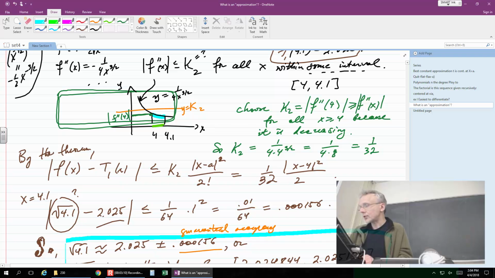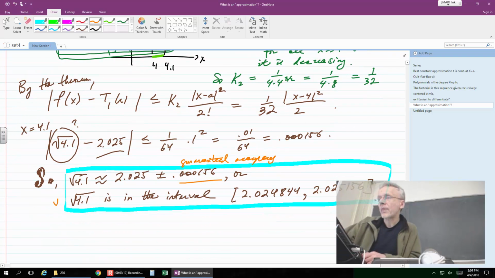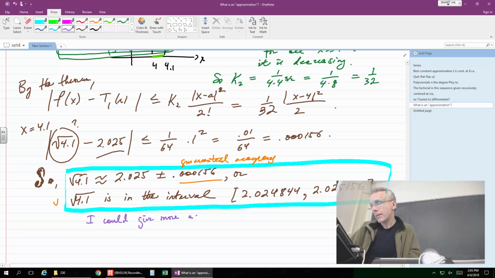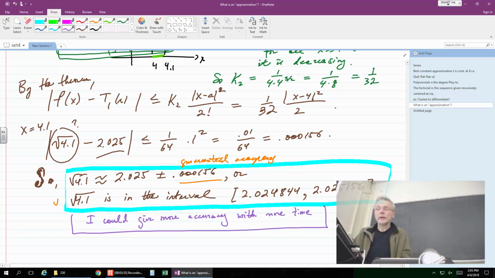I would also suggest that you might add something like this: I could give more accuracy with more time, if more time is given.